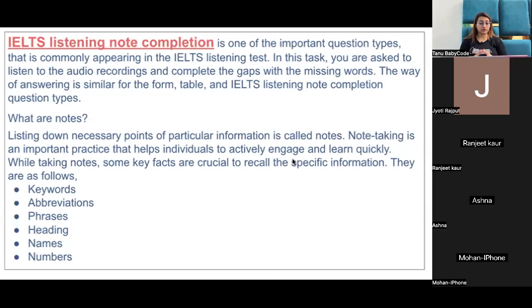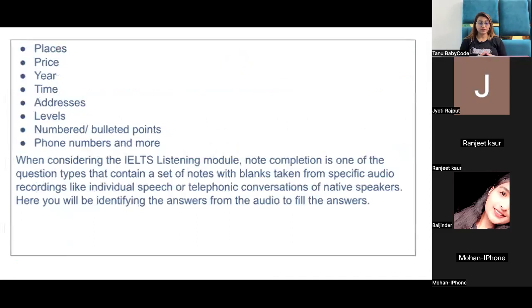They are as follows: keywords, abbreviations, phrases, headings, nouns, and numbers. They can be places, price, year, time, addresses, levels, numbered bullet points, phone numbers, and more.